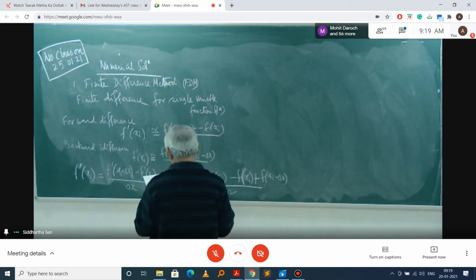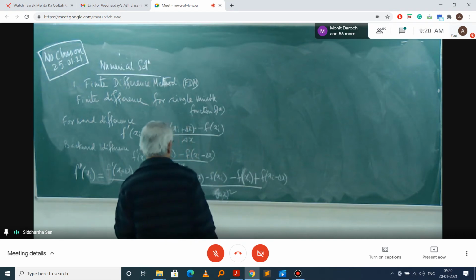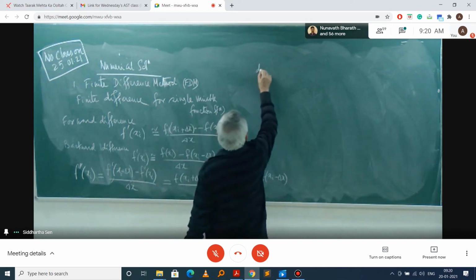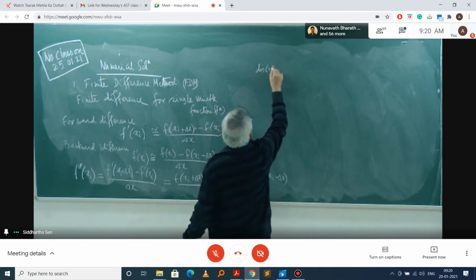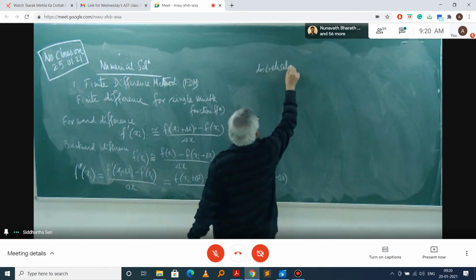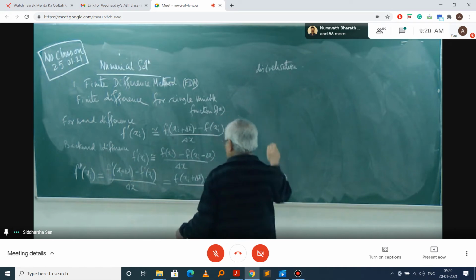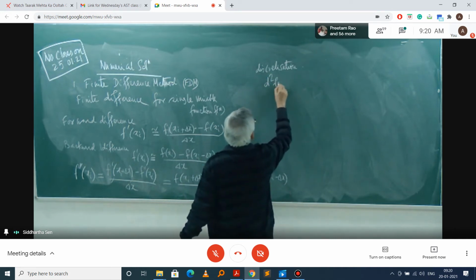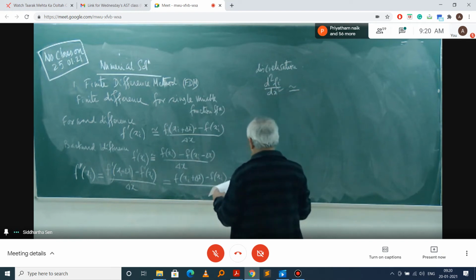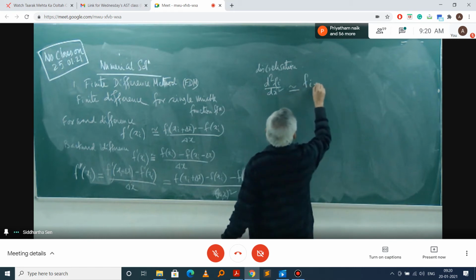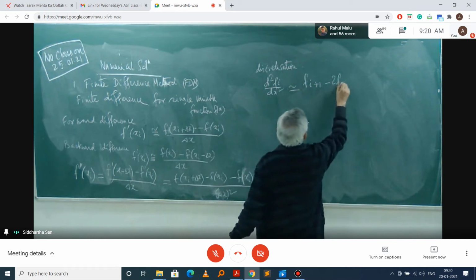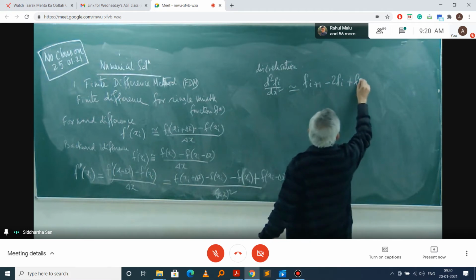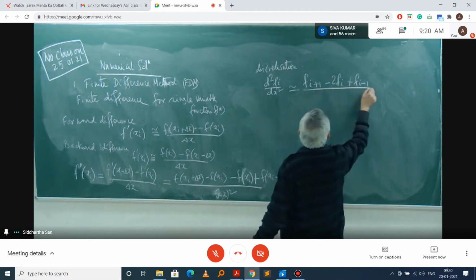Okay. So what we can write down, the discretization, I can write down that d2f/dx square is approximately equal to f of i plus 1 minus 2 fi plus f of i minus 1, divided by h square.